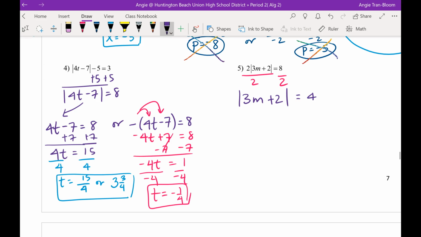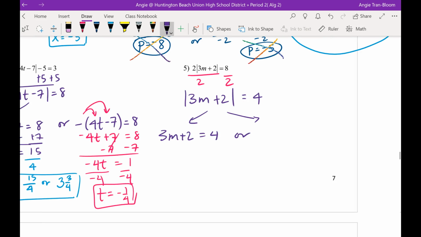4. All right, James, what's your next move? Sure, tell me the first one, James. 3m plus 2 equals 4, good. Brandon C, give me the second equation, please. Negative parentheses 3m plus 2 parentheses.